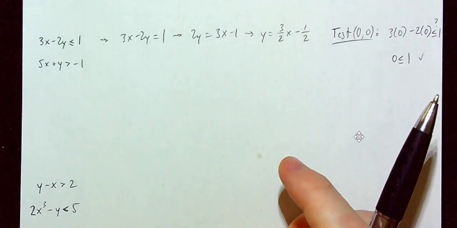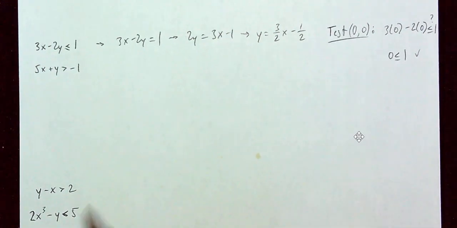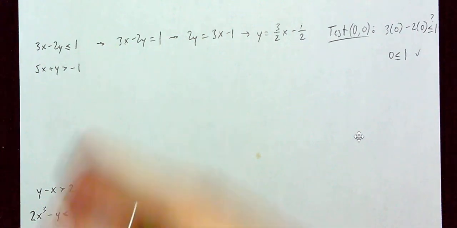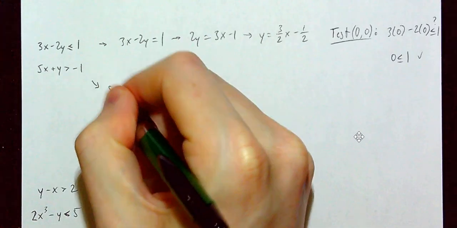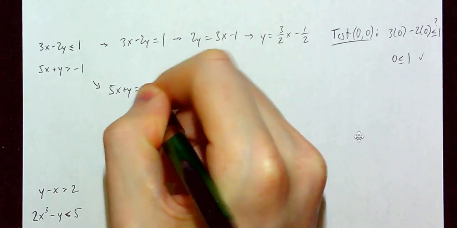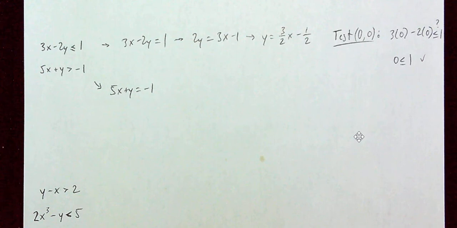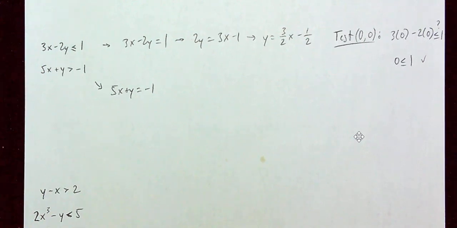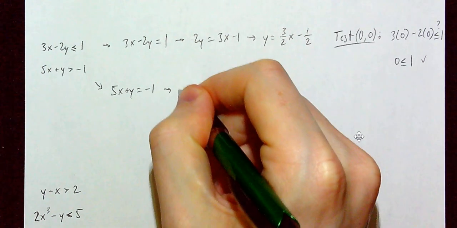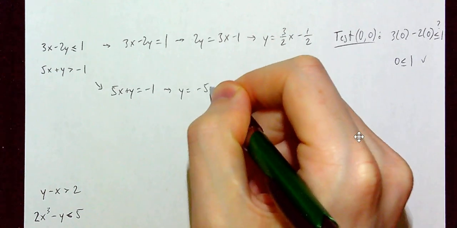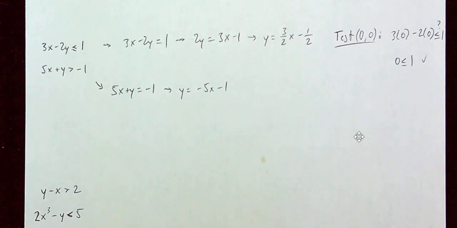Here we have 5x plus y is strictly greater than negative 1. Again, replace with the equality. And again, get y by itself. It's just what we typically do. y is equal to negative 5x minus 1.